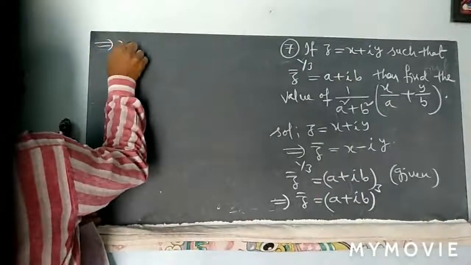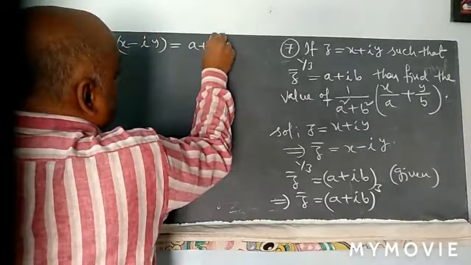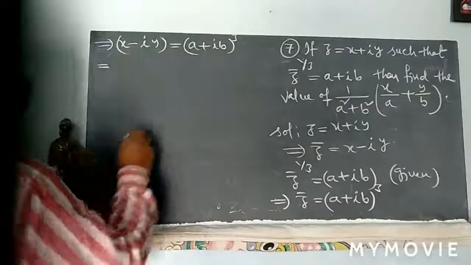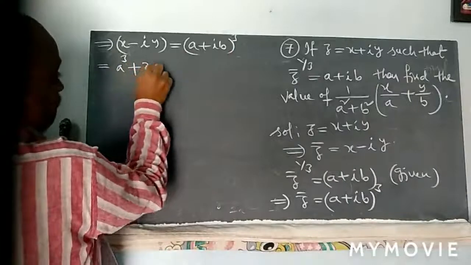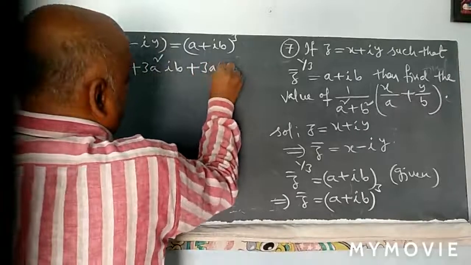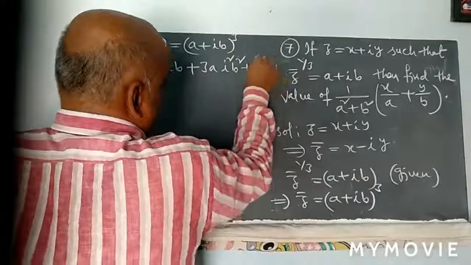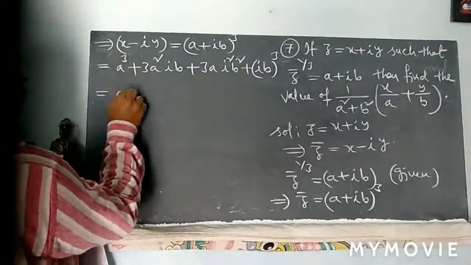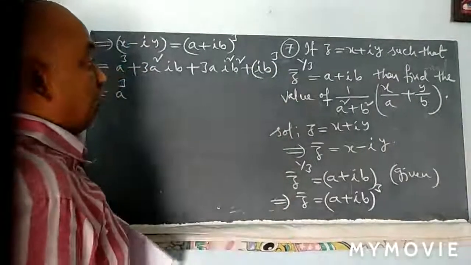This implies x minus iy is equal to (a plus ib) whole cube. So this is equal to a cube plus 3a square ib plus 3a i square b square plus (ib) whole cube. So this is equal to a cube, plus i cube into b cube. i cube value is minus i.